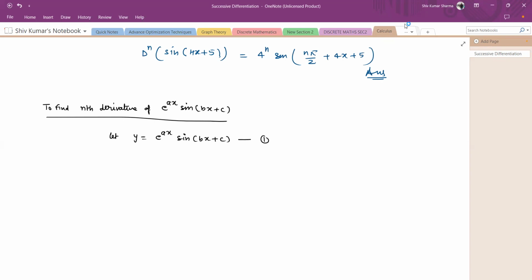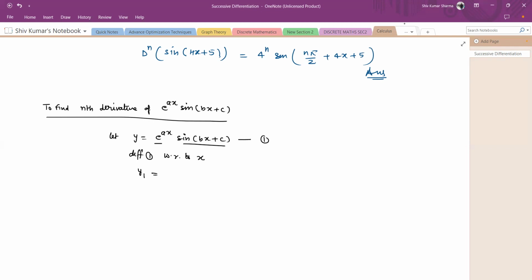That means we differentiate with respect to x. So we write down y1. y1 is equal to. So here we see that there are two functions of x. One is e raised to the power ax, second is sine(bx + c). So we take the rule for differentiation.